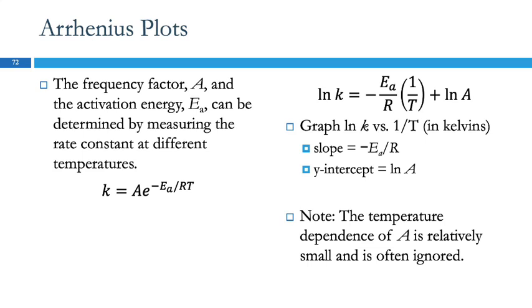Okay? So here's our Arrhenius equation, and if we take the natural log of both sides, we can get it into this form, which again is in the form of the equation for a line, right? Y equals mx plus b.